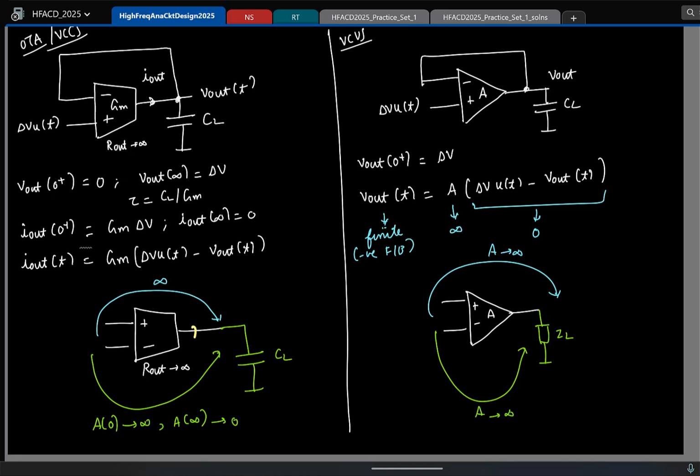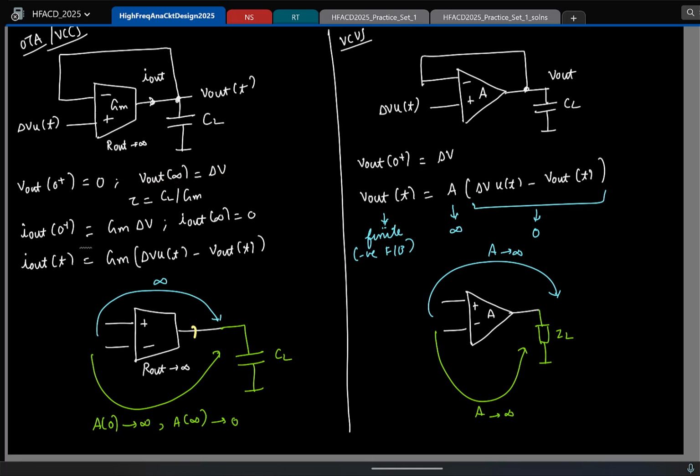So now you see that although the OTA itself had infinite gain across frequencies, the moment it's driving a capacitor, the gain changes as you increase the frequency. Clear? So the gain at DC is infinity, right? Since only the DC gain is infinity, only in steady state will the output voltage here match what you have here.